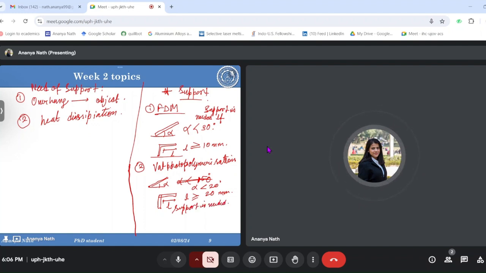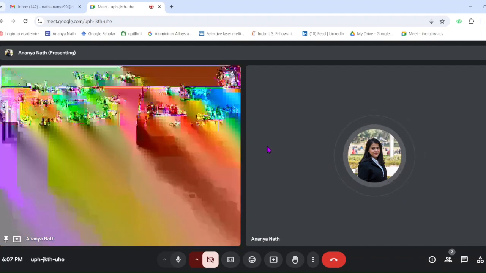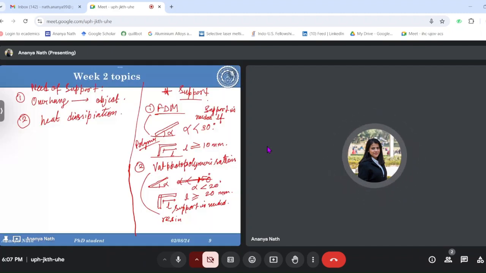So we can see in VAT photopolymerization the material is resin, and for FDM the material is polymer again, but thermoplastic polymer. So obviously whether this support structure is needed or not is completely dependent upon the material and the process. So from the STL file, we can see that after how much distance or after how much angle a particular tessellation triangle needs a support structure.